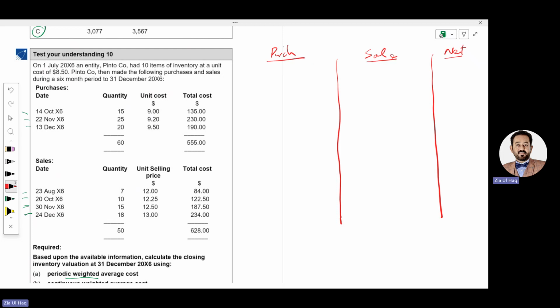Okay, we are having opening inventory at 8.50, 85.